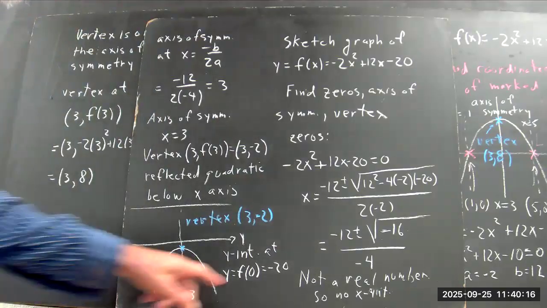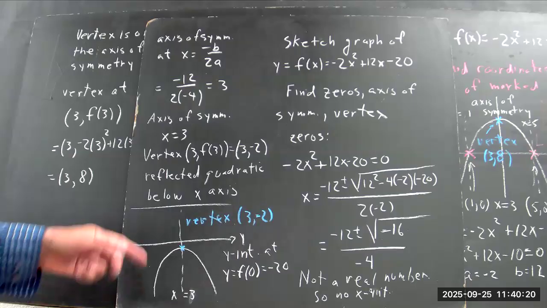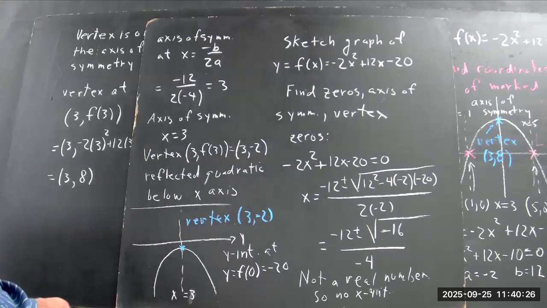The y-intercept is at y equals -20. Where's -20 on the y-axis? If that's -2, -20 is 10 times lower.